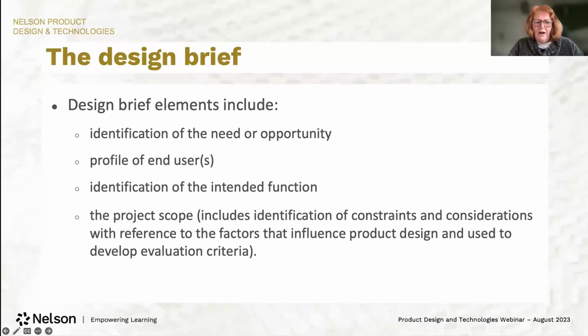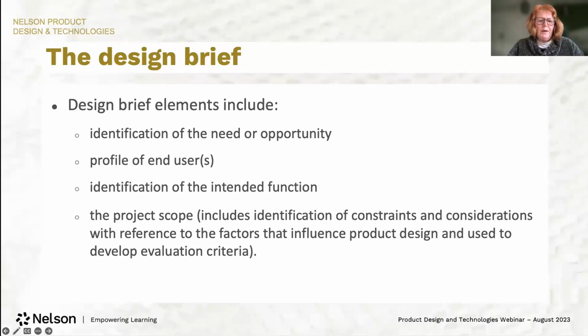They then clarify and explain who the end user is through the profile of the end user, and then they identify the intended function. So the first part is the why. Then the third part, identifying the intended function, is thinking about what types of areas they need to think about to create a solution.